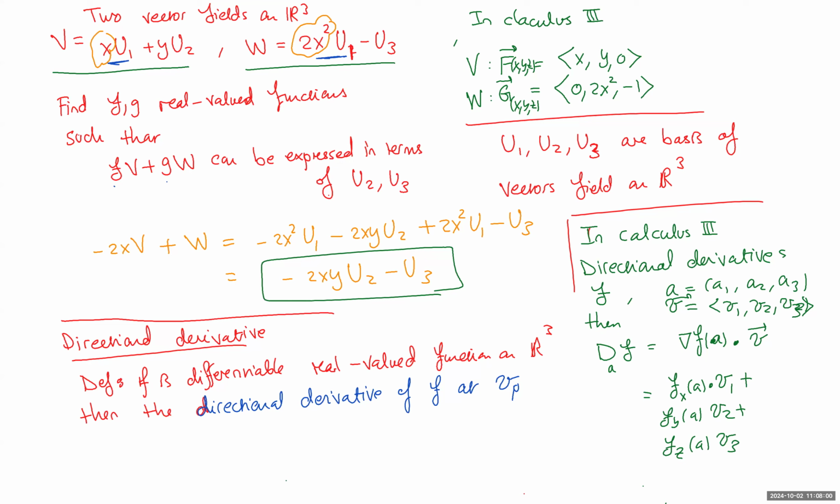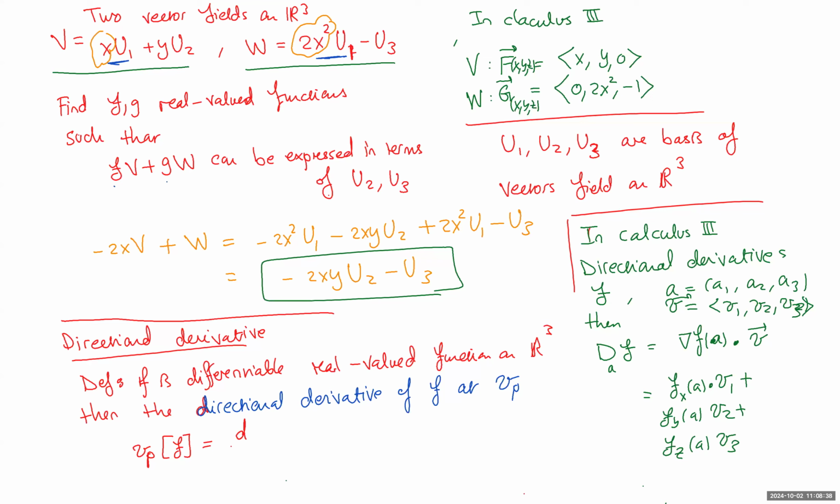Here it's going to be the same thing. The directional derivative notation is very important. We will use the following notation: v_p with square brackets around f. It's a different notation, like v_p is acting on f.